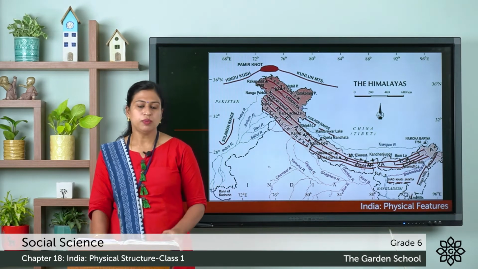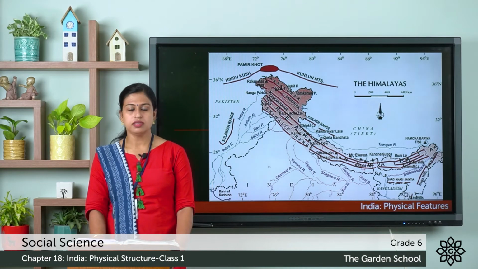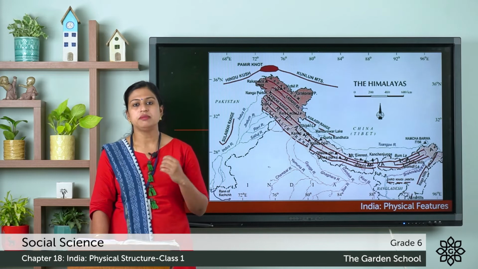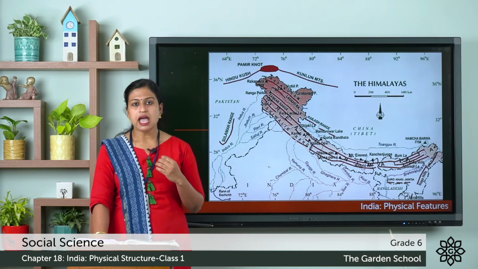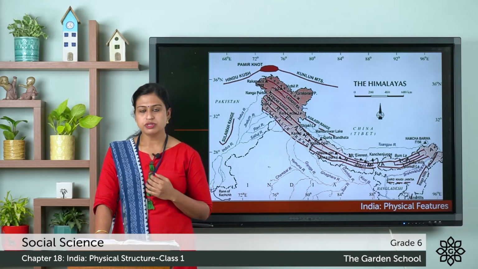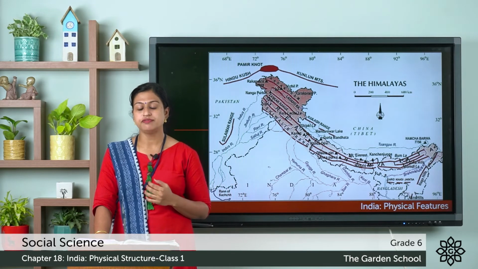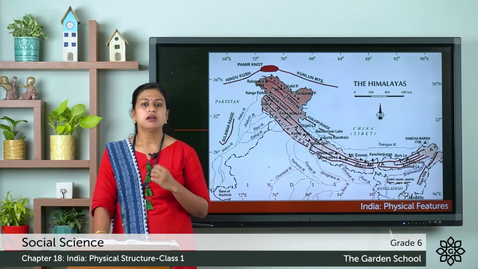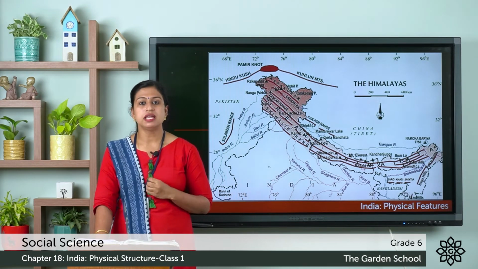Now the third one is the Outer Himalayas or the Shivalik. It lies to the south of the Middle Himalaya, and the average height is about 1,550 meters. This is not a continuous range, but here it merges with marshy foothills, which is known as terai.